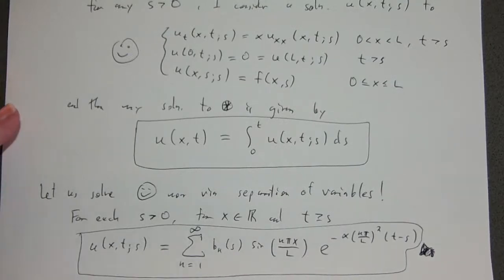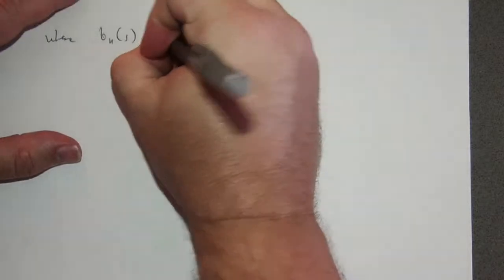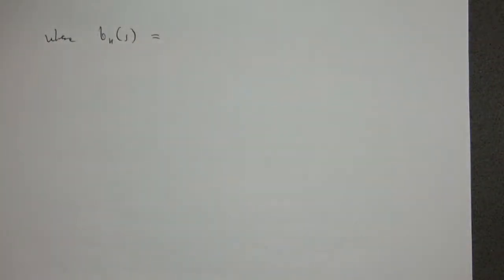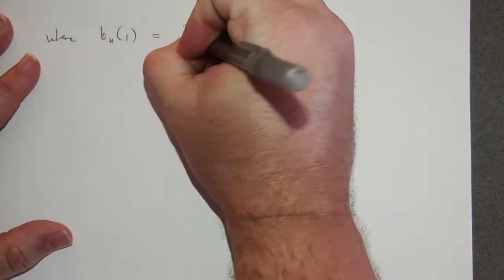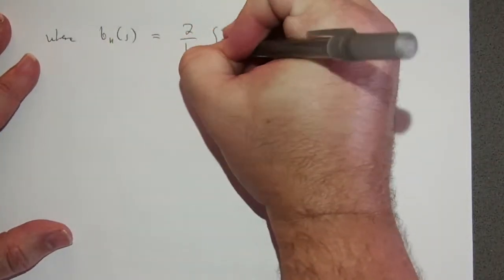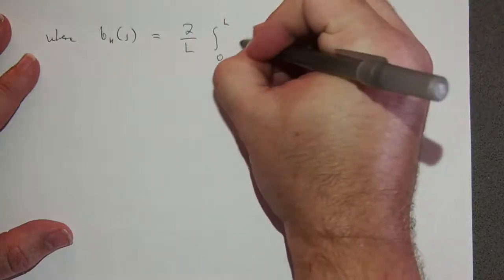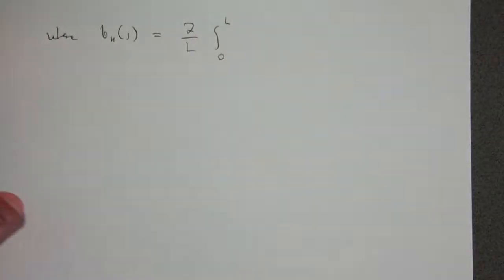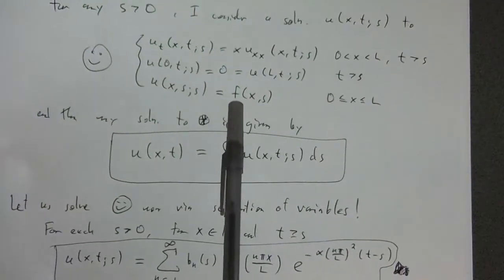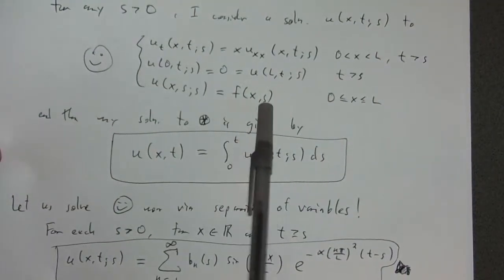What is the formula for them? Where b sub n of s are equal to, well, what was the formula for the b sub n's normally? This was 2 over L times the integral from 0 to L of phi of x. That was our initial condition phi. But I don't have an initial function phi here. I have this thing, this f of x, s.